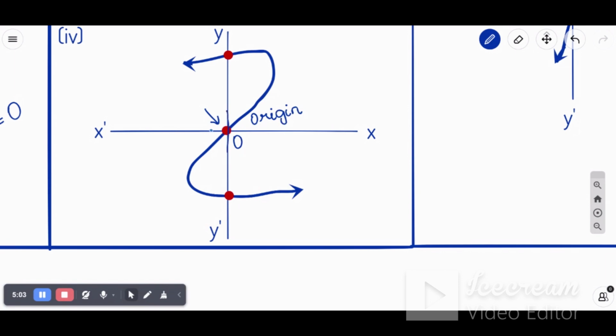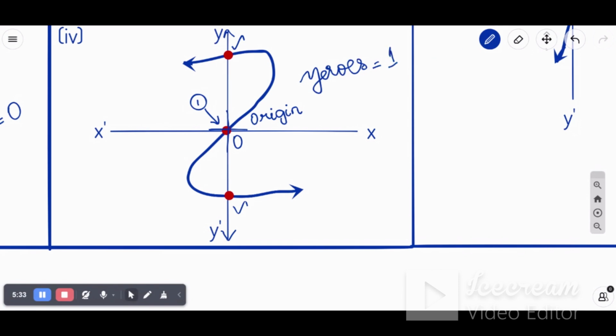We don't have to bother about your y. Just consider your x alone. So there is one zero. But can we include this one and this one? No, because they are on the y-axis. You can't include anything on the y-axis, only the x-axis. So the number of zeros of this polynomial is only 1.